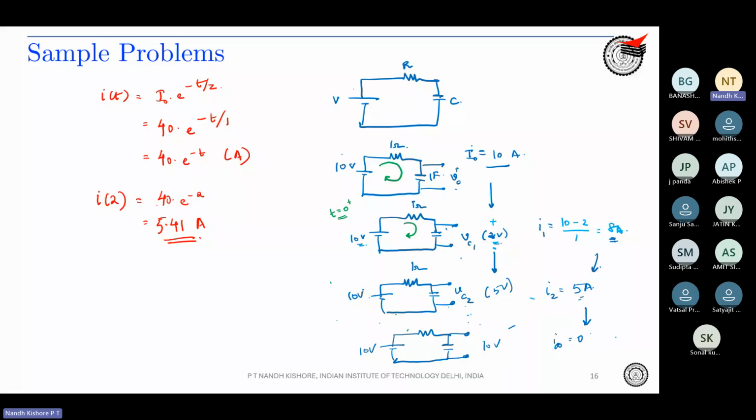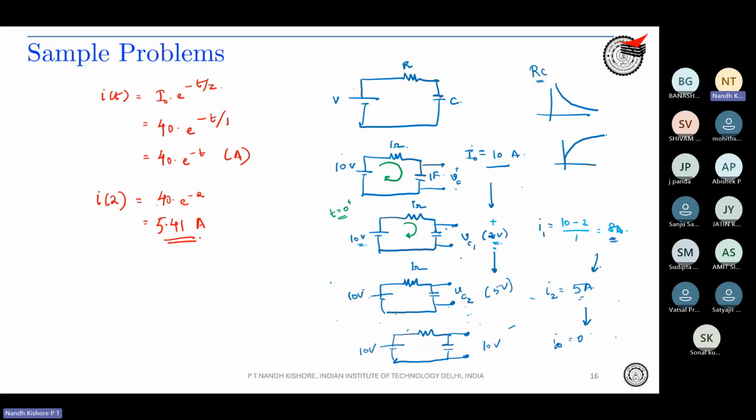Okay. So you understand that the current is falling. You also know this is an RC circuit. How would the current fall? It would be an exponential fall, because the voltage is rising exponentially.